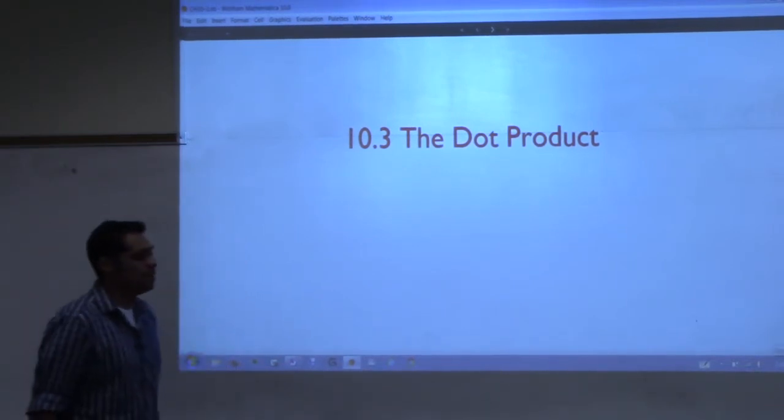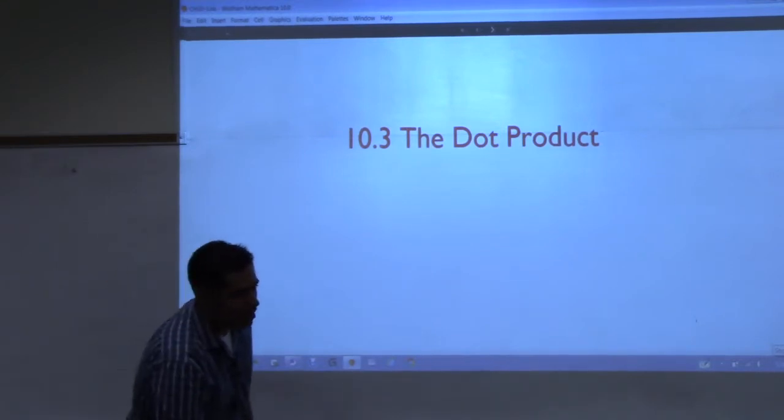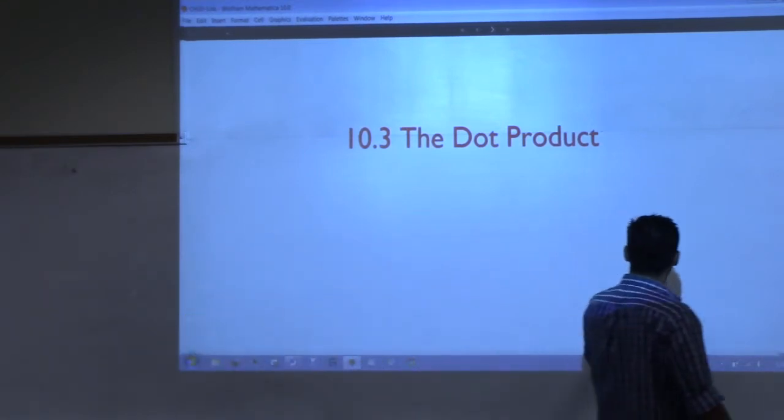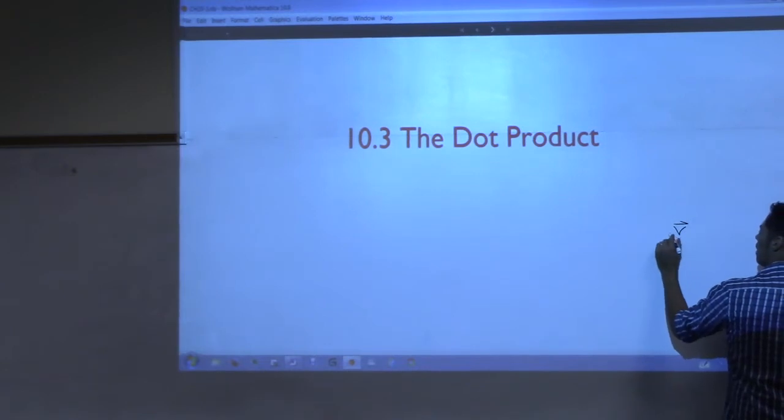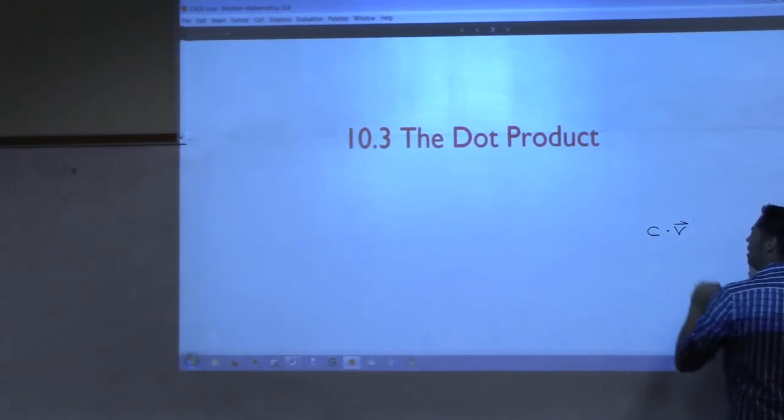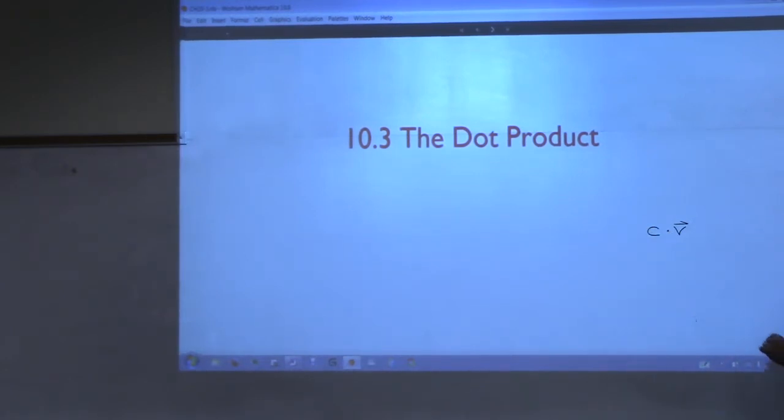Okay, so dot product. Let's see if you remember this. This has been a long time. If you have a vector, let's call it vector v, you can multiply it by a number, c, and that's called scalar multiplication. We've already done this. I told you that there were 3 types of multiplication with vectors: scalar, and then 2 others, dot product and cross product. I said we won't talk about cross product because that requires 3-dimensional space, and all we're going to work with is 2-dimensional space.